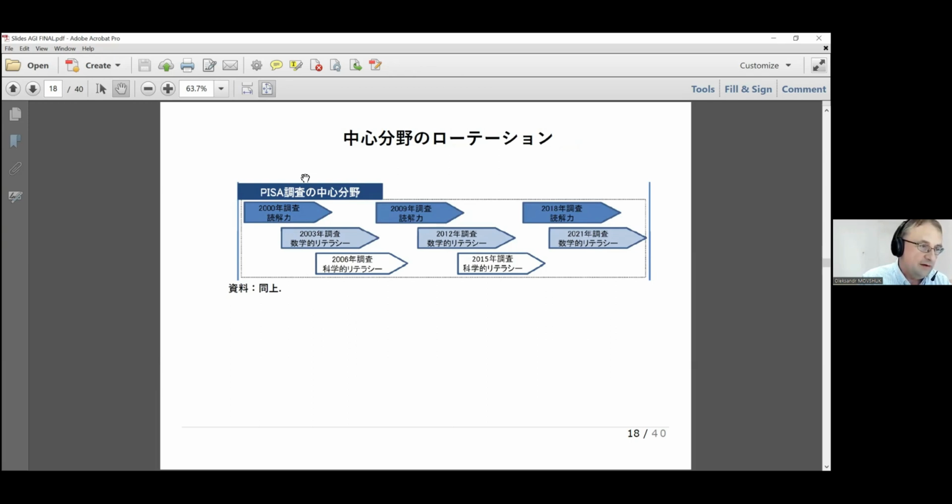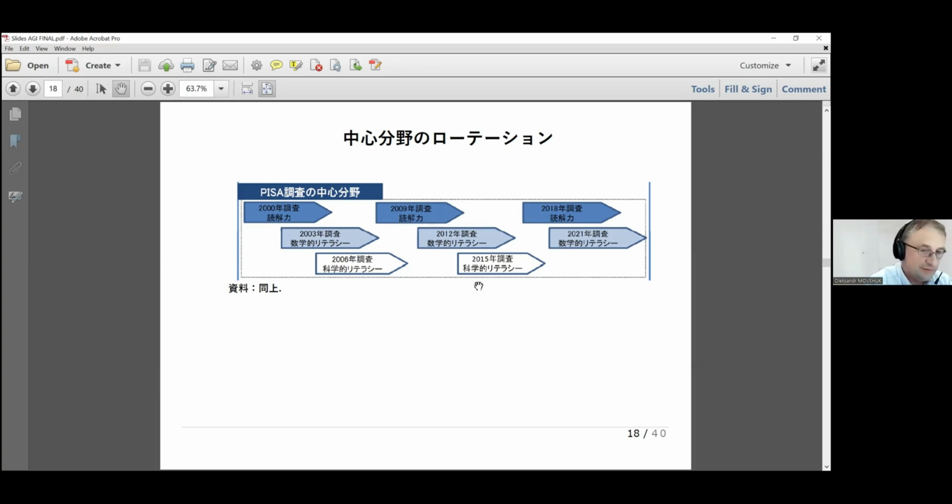So I didn't use 2000, but I look across the major subjects over 9 years. So there was comparison of 2009 and 2018 for reading, 2003 and 2012 for mathematics, and also 2006 and 2015 for science.